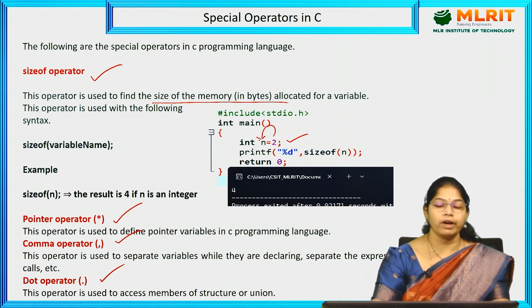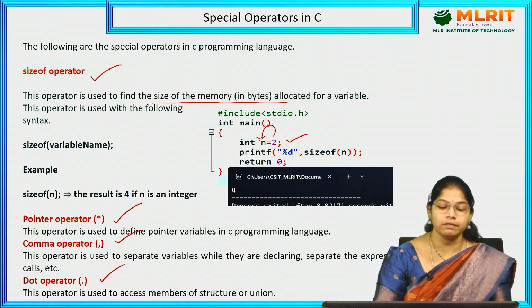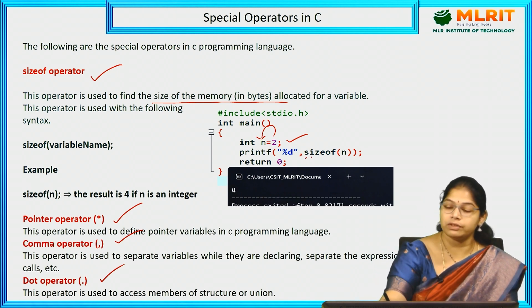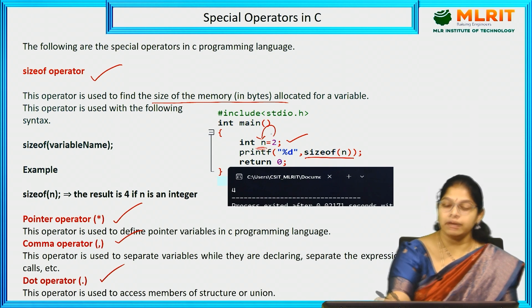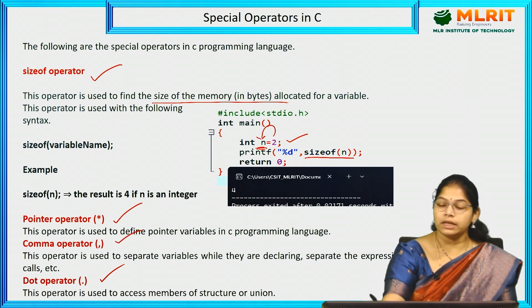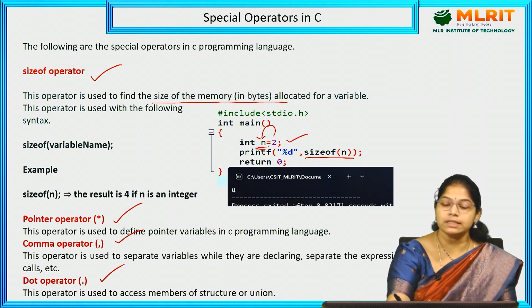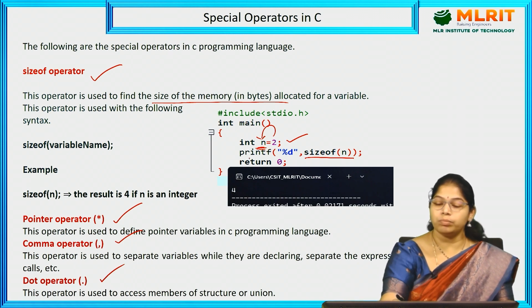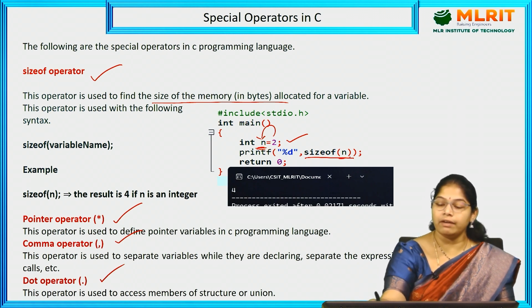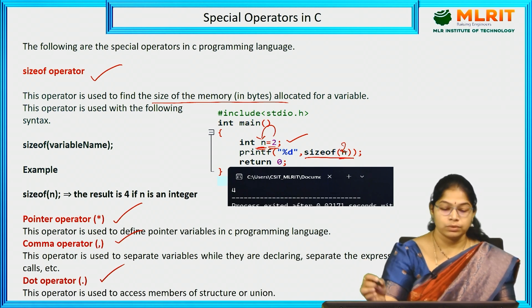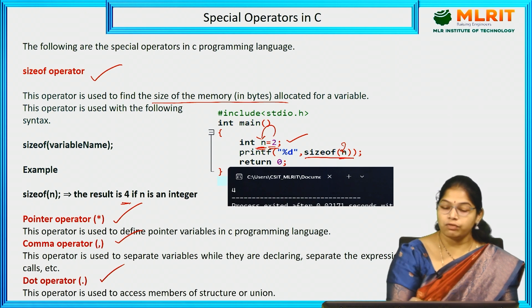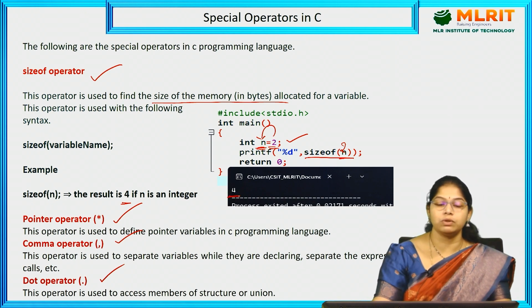If I want to find how much memory that particular variable occupies, then we have to use sizeof operator. So in this example, value is 2. Then I want to find how much memory n occupies. So printf sizeof n, where n has an integer value. So the result is 4. Why? Because an integer value occupies 4 bytes of memory.